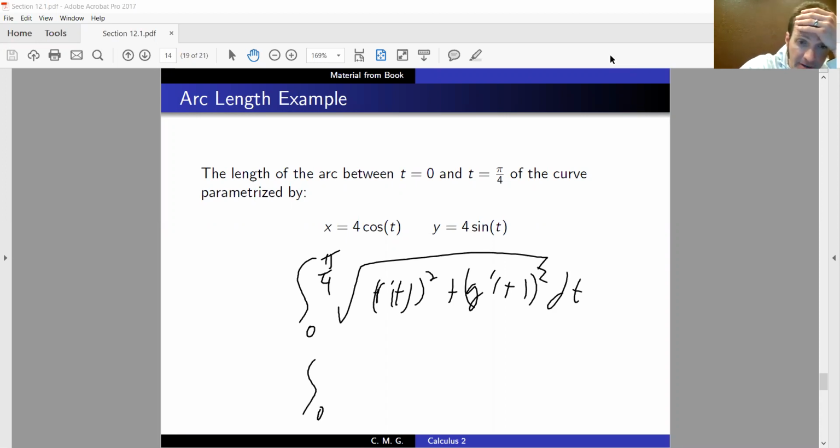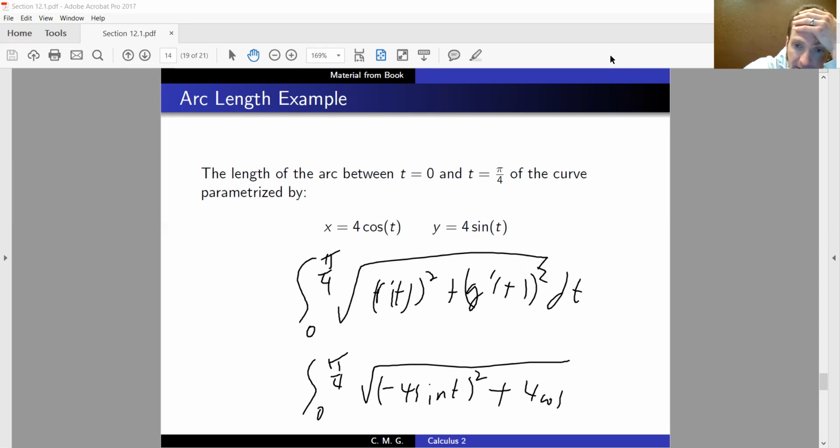I get the integral from 0 to pi over 4. The derivative of 4 cosine t is negative 4 sine t, squared, plus the derivative of 4 sine t is 4 cosine t, squared, dt. This gives me 16 sine squared plus 16 cosine squared. The 16 factors out.